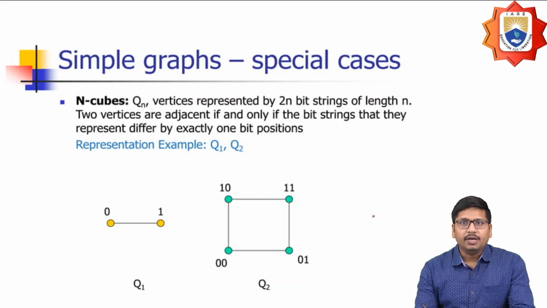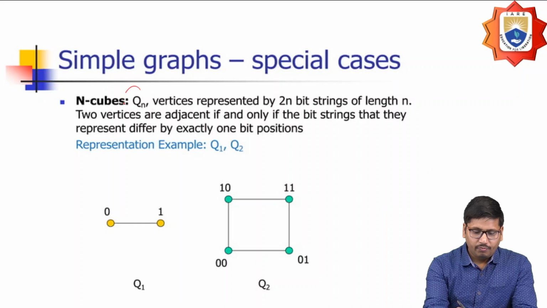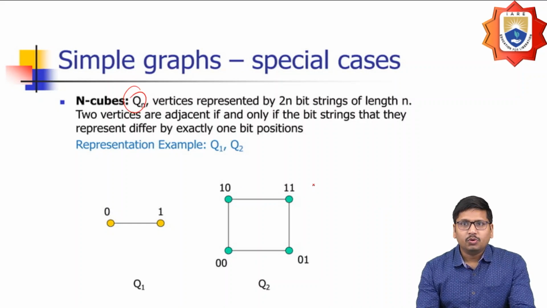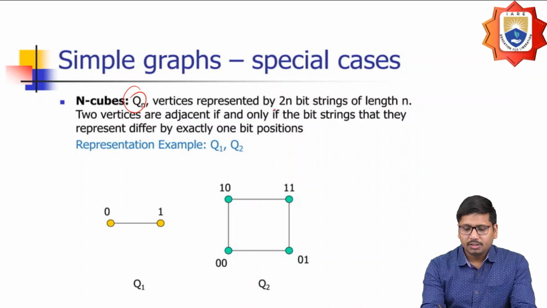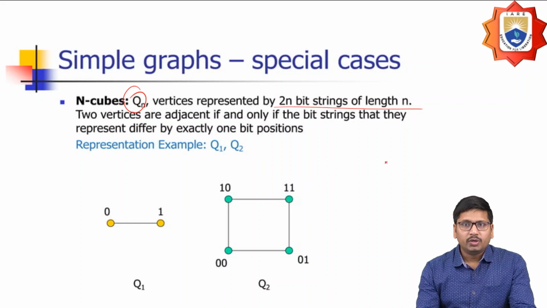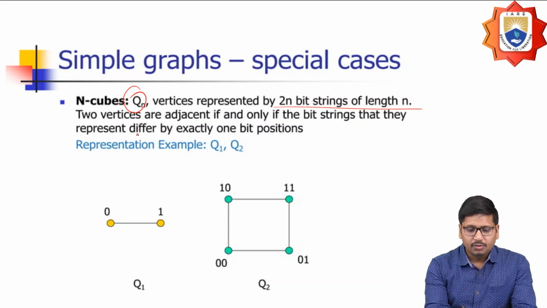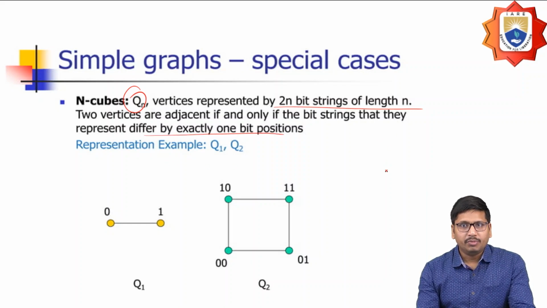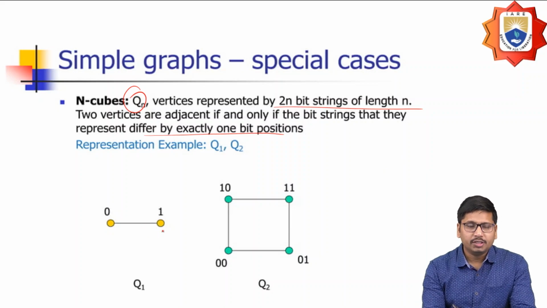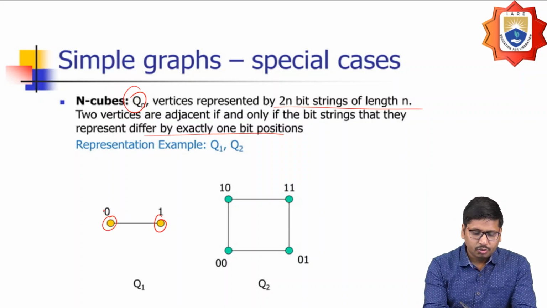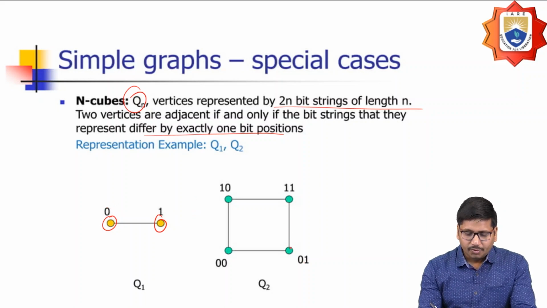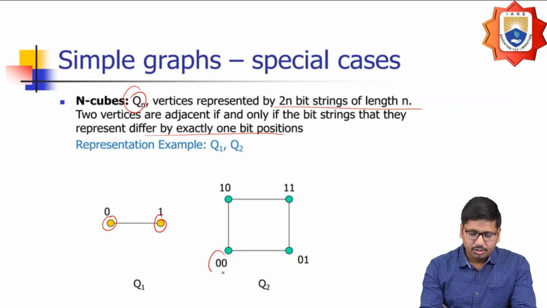N-cubes are represented as Q of n, where the vertices are represented by 2^n bit strings of length n, and two vertices are adjacent if and only if the bit strings they represent differ in exactly 1 bit position. So if I consider two vertices, they are represented by 0 and 1, and if I consider 4, I can represent 00, 01, 10, 11.